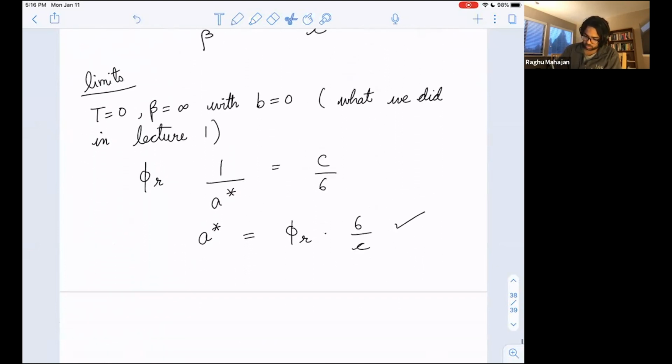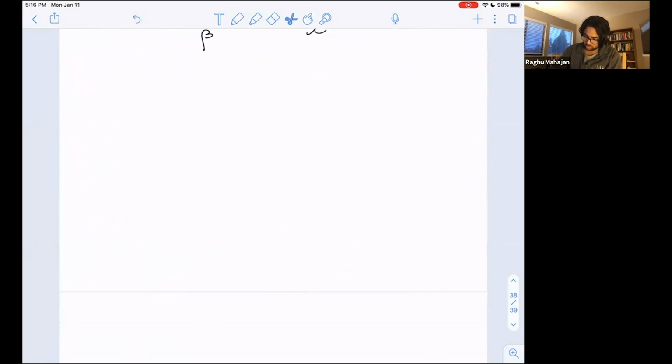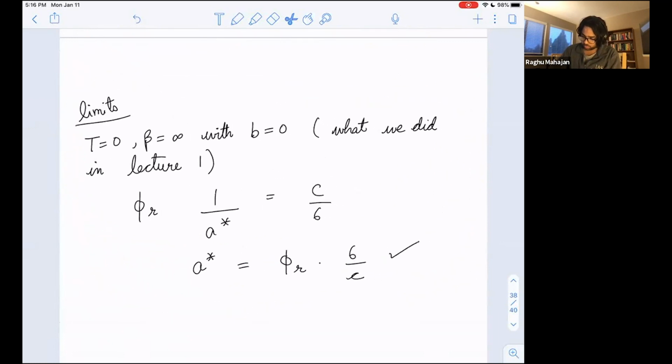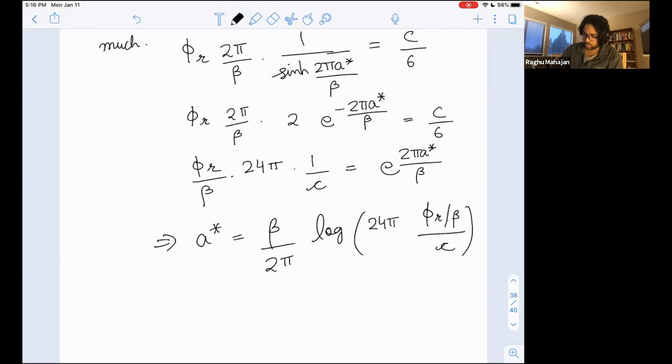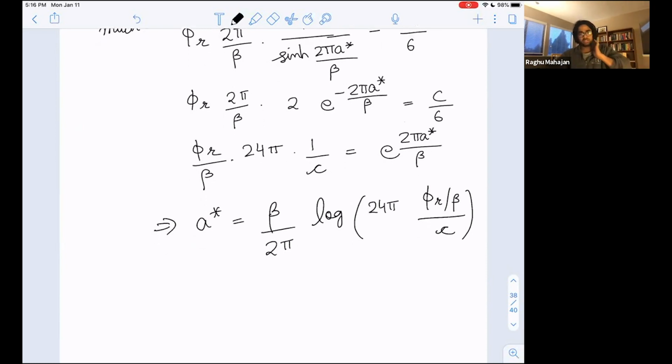Okay, I'll have to move this further down. And basically what this says is that A star equals beta over 2 pi log of 24 pi, it's not important, phi r over beta divided by C. Okay, so this is the position of the quantum extremal surface.